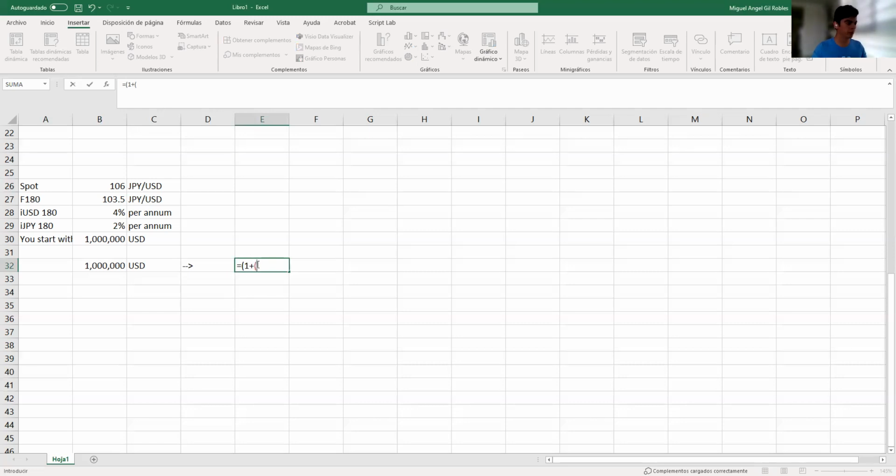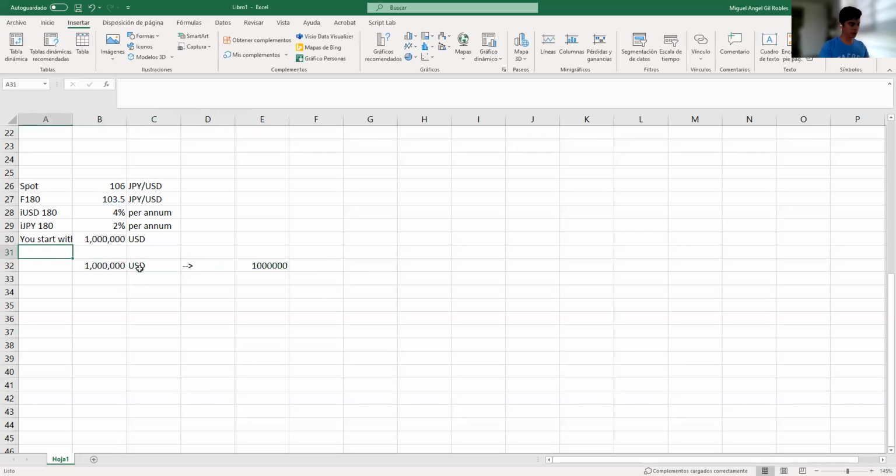So you will have to do 1 plus the interest rate of the US, which is this 4%, and then you multiply this times the time. I think we don't have it here. I should write it. It's easier if I do that. Over 360, following the logic, right? Then you just multiply it times the initial investment.